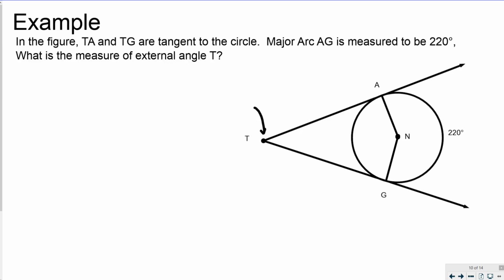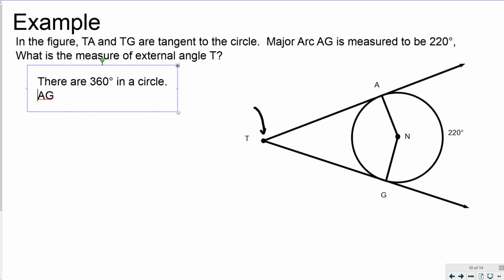So let's think about it like this. There are 360 degrees in a circle. That's going to be important. And then we know another fact here: major arc AG equals 220 degrees.